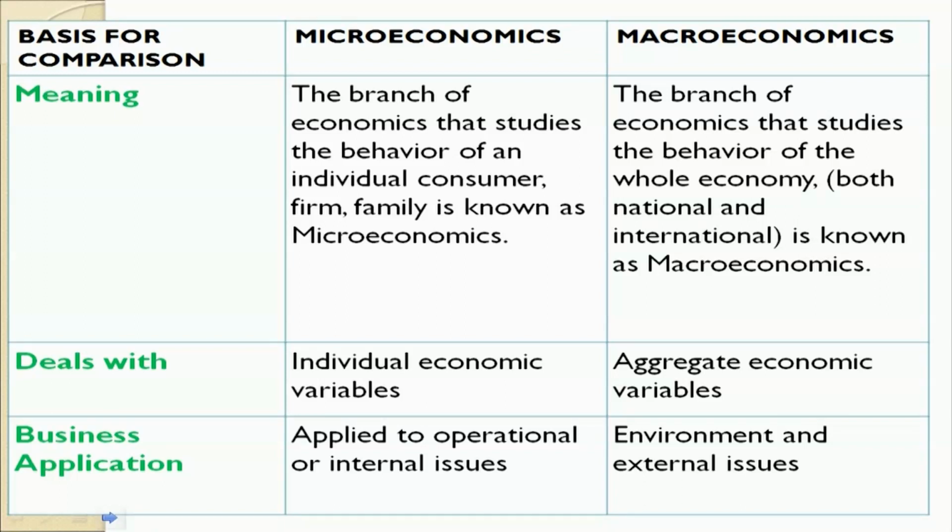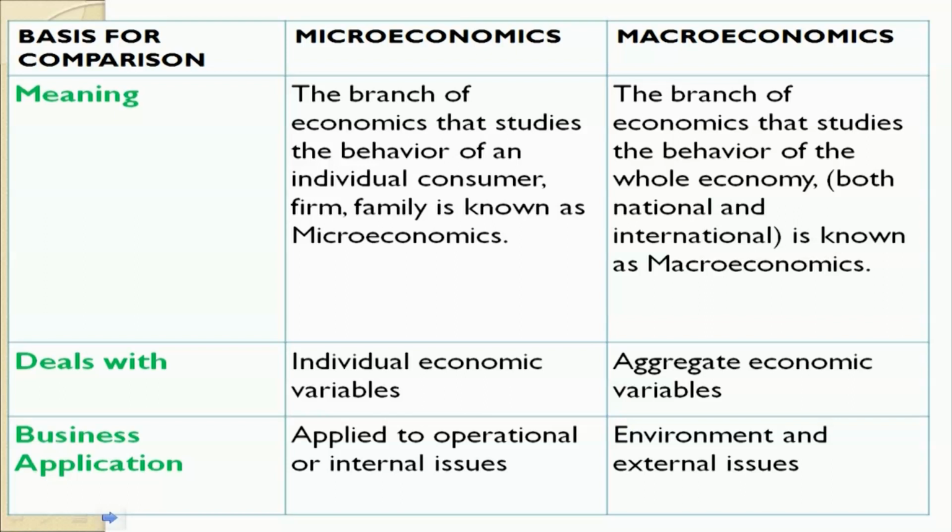The third comparison is in terms of business application. Microeconomics is applied to operational or internal issues. We divide the environment into two major categories, internal environment and external environment. The internal environment is controllable in nature, whereas the external environment is uncontrollable in nature.